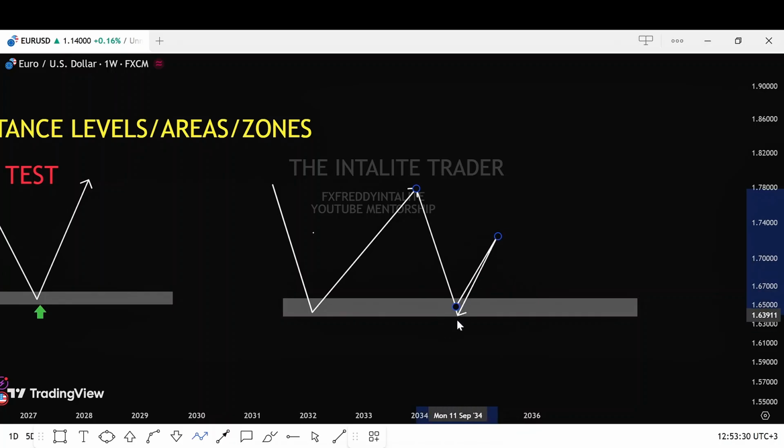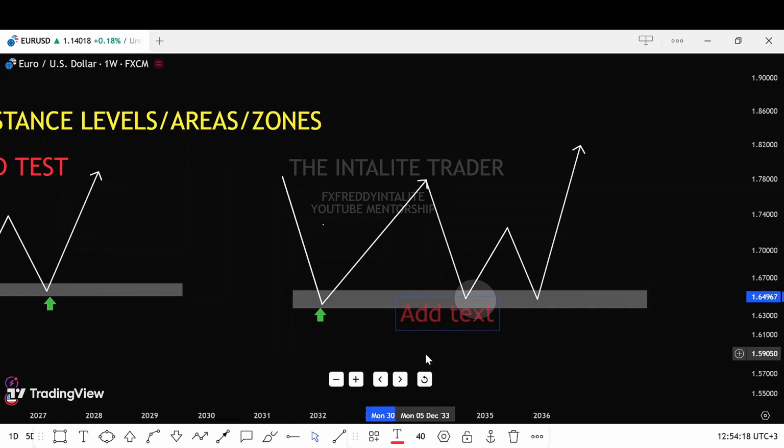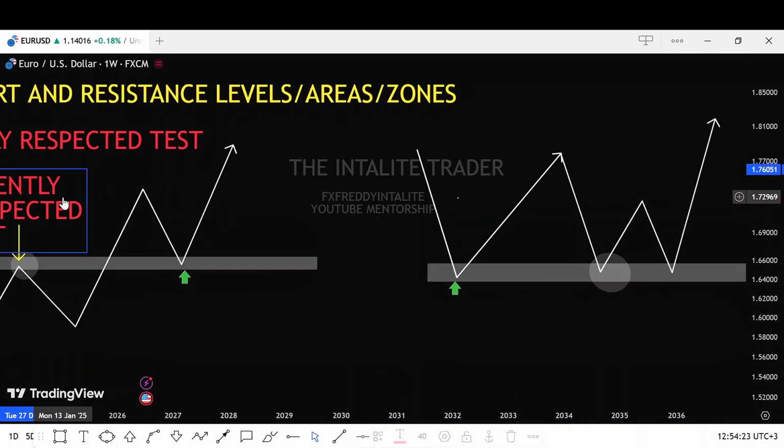So when price gives you a respected test, you can expect the third touch is coming again to test this level before price can trade away. So we shall say this is the point that gave us a key level, and then this one gave us a recently respected test. I pick this.